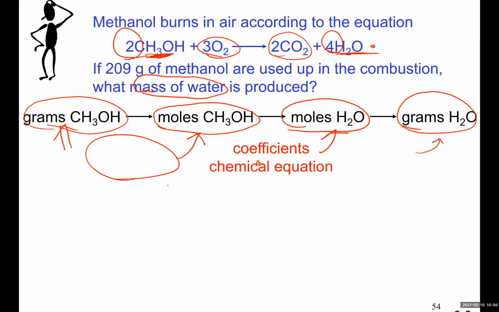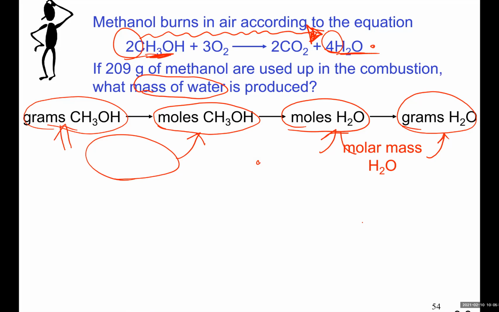The ratio of 2 to 4 will take you from moles of CH3OH to moles of water, right? And once you have moles of water, what do you need to convert that to grams of water? You need the molar mass of water. If you have 10 moles of water and each mole of water is 18 grams, obviously you have 10 times 18, right?